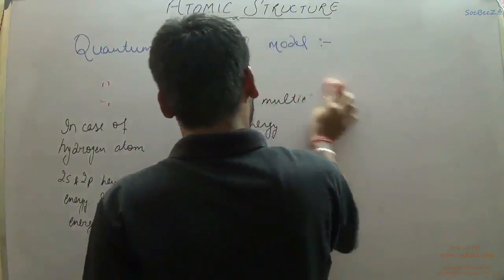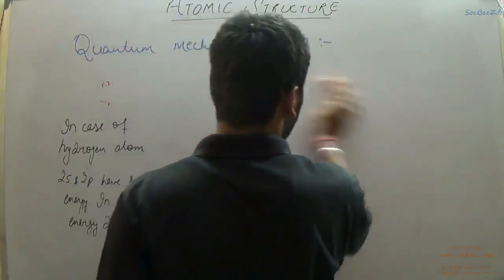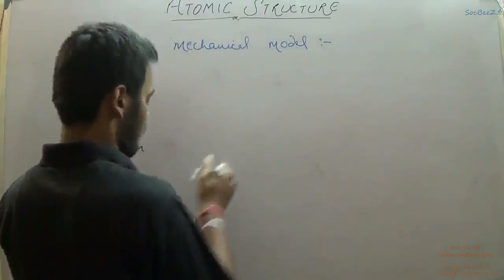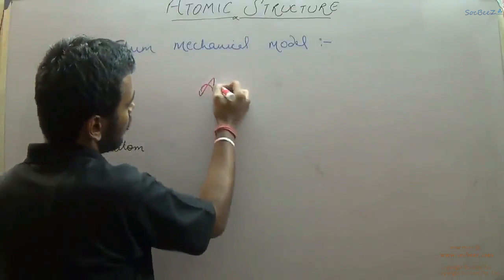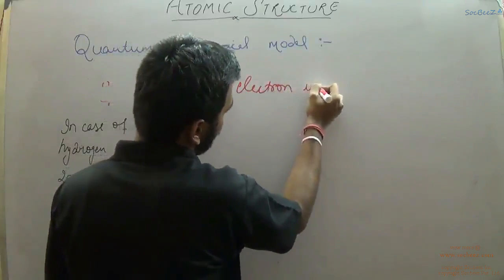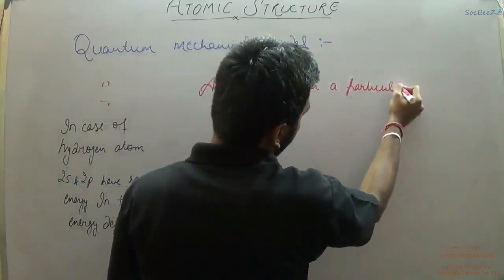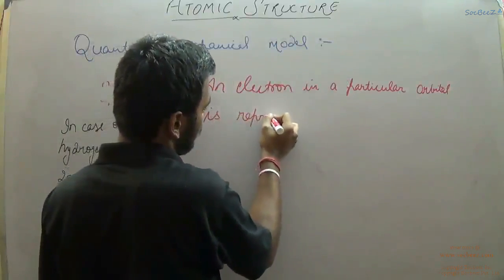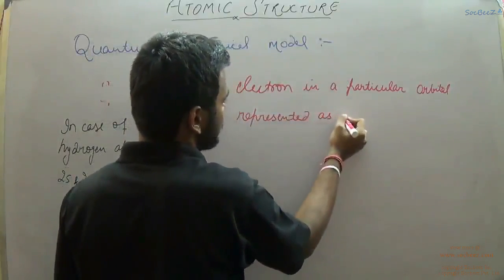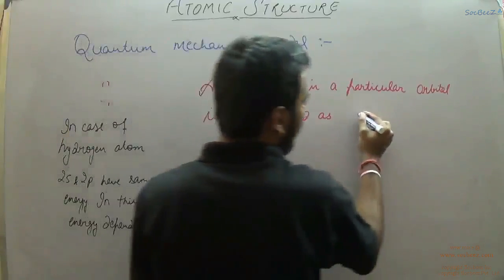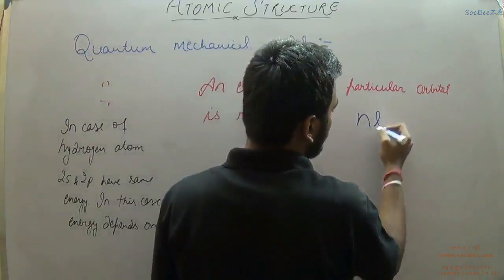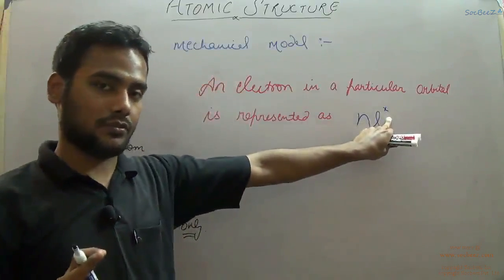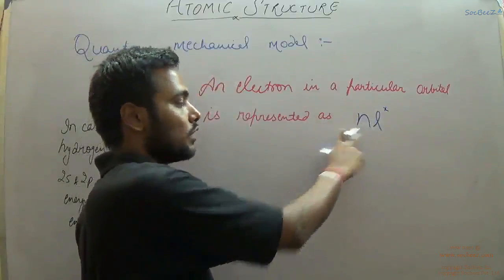At first, let's make note of the fact that an electron in a particular orbital is represented as n, l, and x, where x is the total number of electrons. n is the principal quantum number, l is the azimuthal quantum number.